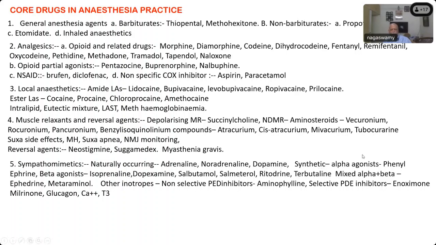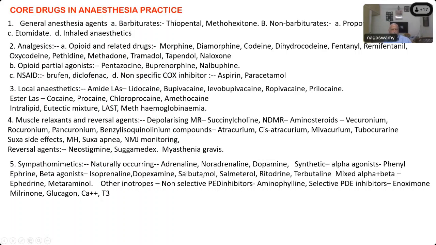Similarly, synthetic: you must know about alpha agonists like phenylephrine, beta agonists like isoprenaline, dopexamine, salbutamol, salmeterol, ritodrine, and mixed alpha and beta drugs like ephedrine and mephentermine, and other non-selective phosphodiesterase inhibitors like aminophylline, selective phosphodiesterase inhibitors like enoximone, milrinone, glucagon, calcium, and even T3 is considered a sympathomimetic drug.